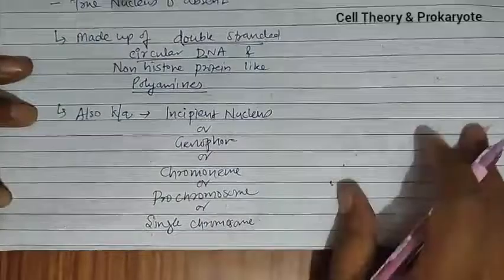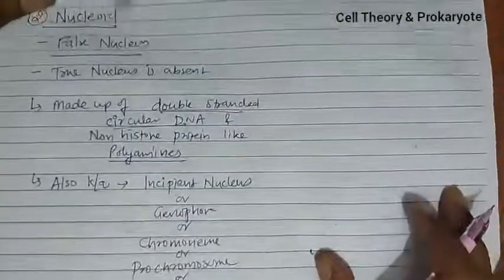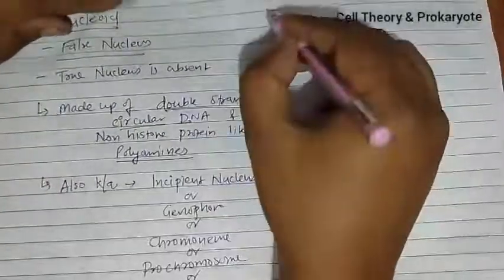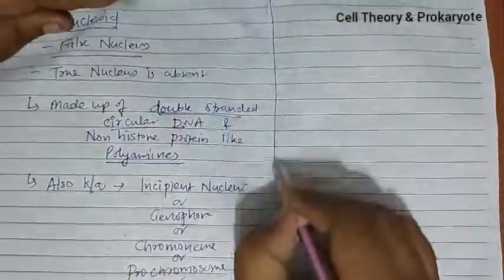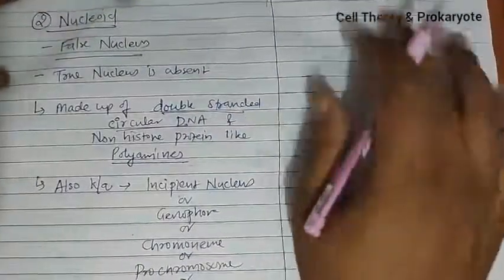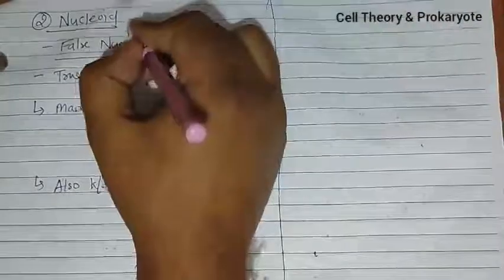These are the names of the particular subcomponent in case of nucleoid. So in nucleoid, nuclear envelope is absent.